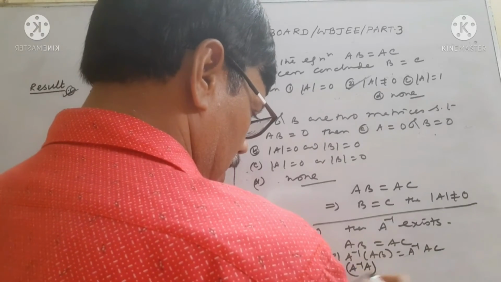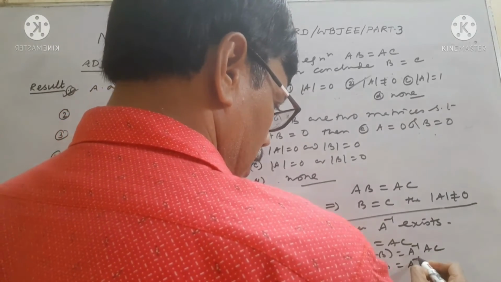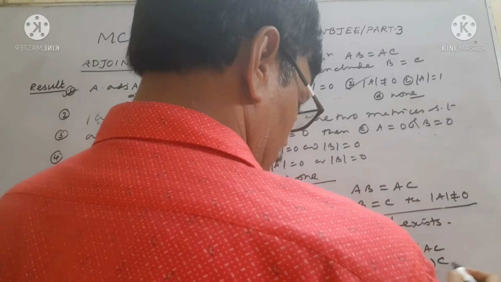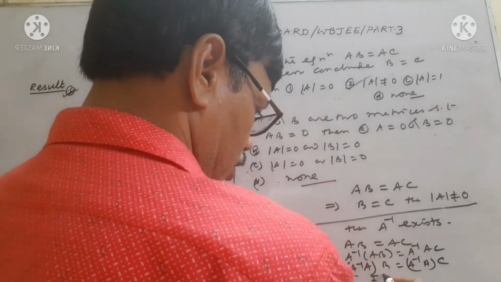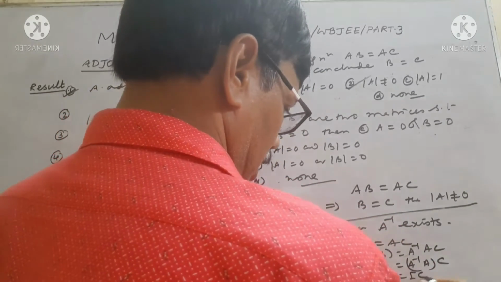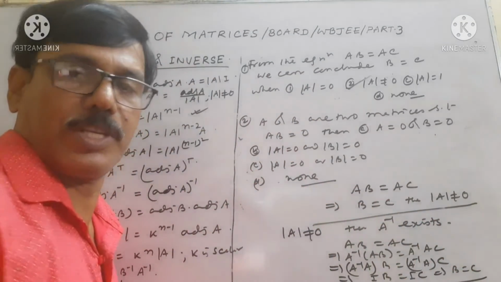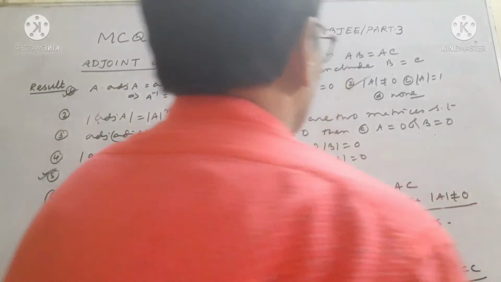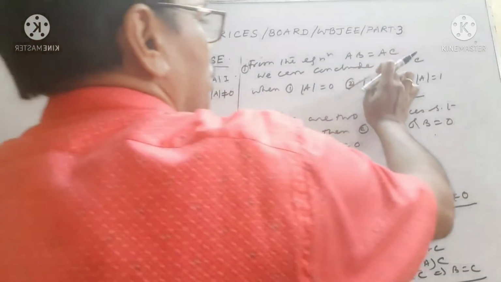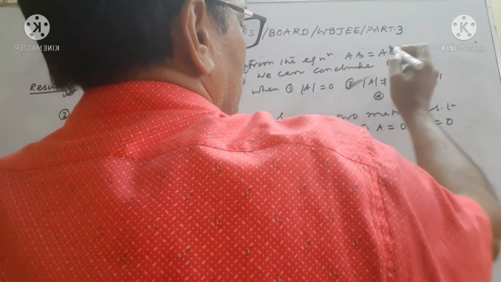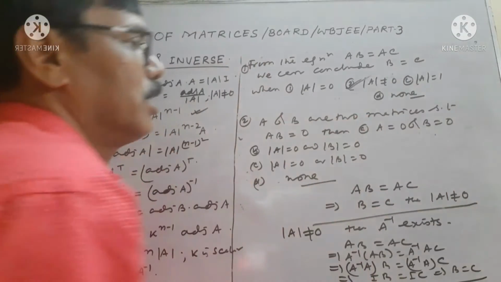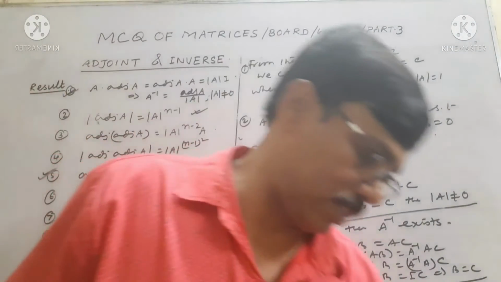A inverse A into B, A inverse A into C. So this is I into B, I into C. So B equals C. So this is called cancellation law. B equals C is possible when A is non-singular, that is, inverse exists.